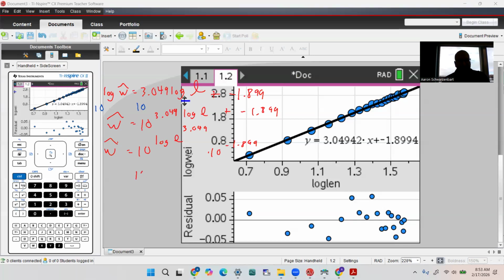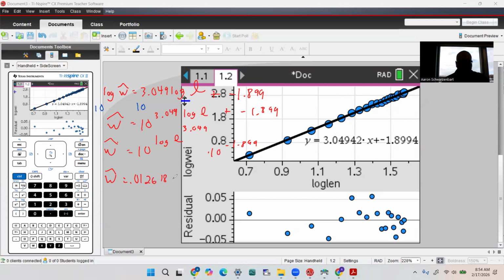Can one of you guys do 10 to the negative 1.899? 0.0126. 0.01 what? 18.